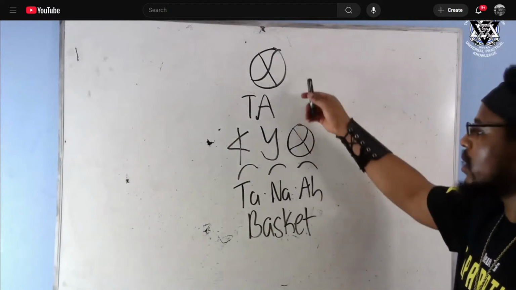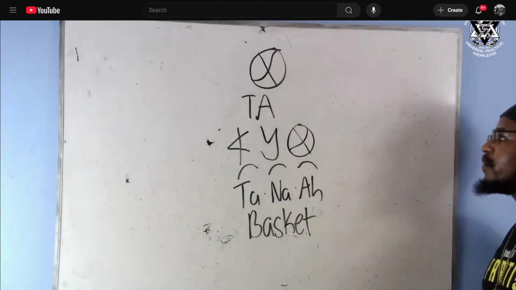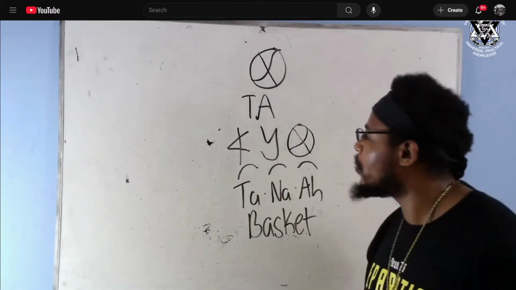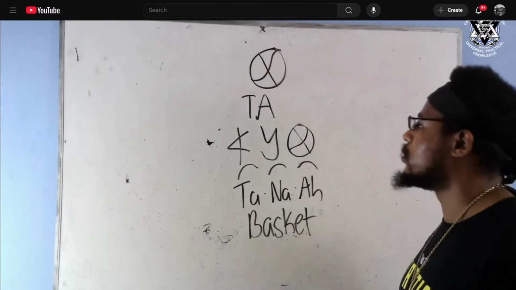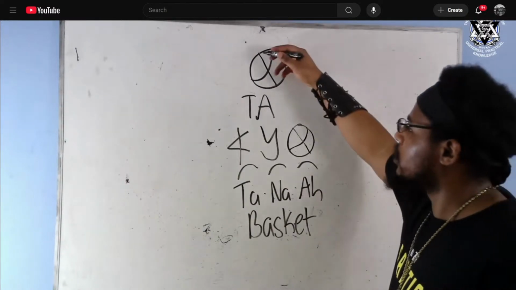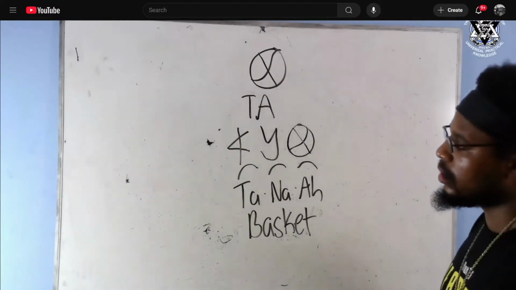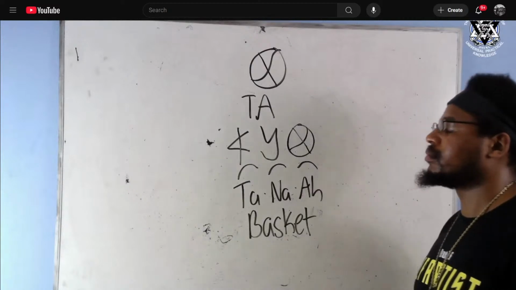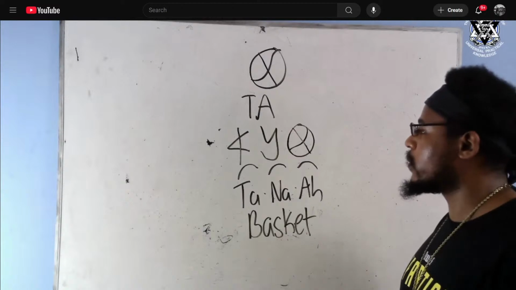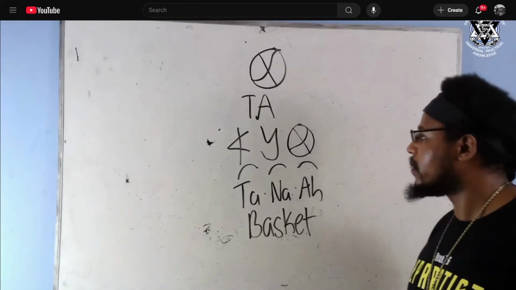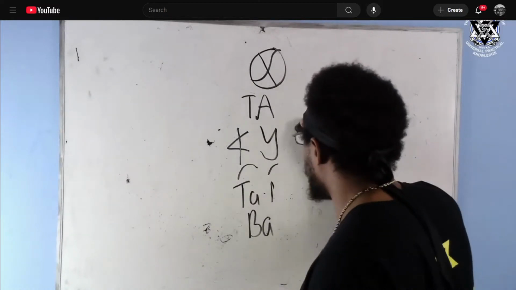So we got Ta, comes from the word Tana'a, meaning basket. So this is the picture of a basket, specifically probably the bottom of the basket. You'll have, of course, the round shape, and then you're weaving the material to make sure the stuff can stay inside the basket. So this is the basket, Ta, comes from Tana'a.